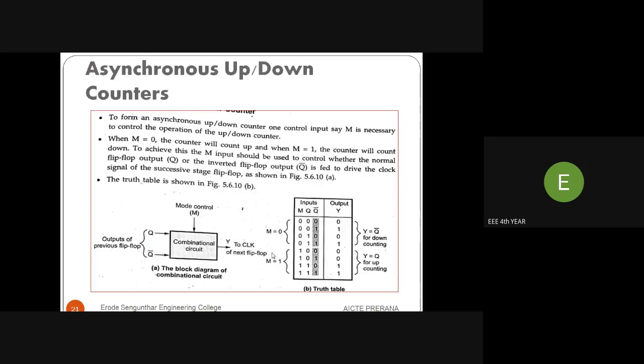So that is the difference: when all the flip-flops are clocked simultaneously, it is a synchronous counter; when they are not clocked simultaneously, it is an asynchronous counter.